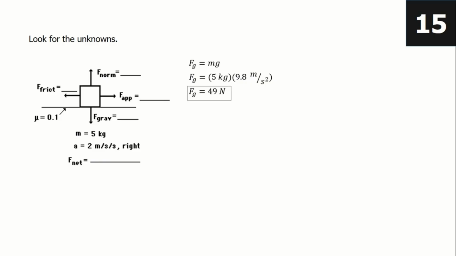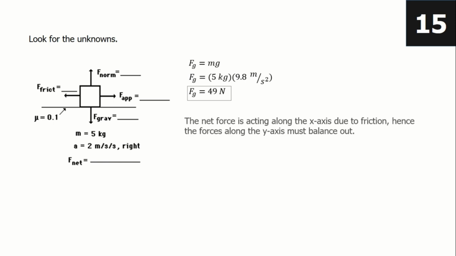But let's first solve for the gravitational force. Again, it's 49 Newton since we're given with the same mass. And we will assume that the forces along the y cancels out again. So along the y-axis, when we sum the forces along the y, it should lead to 0.